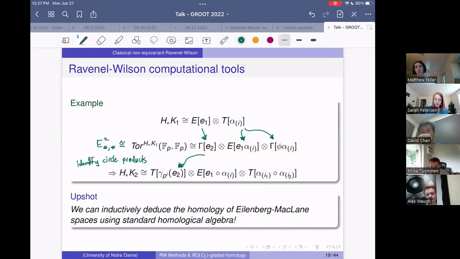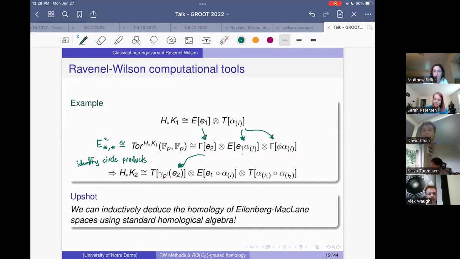So nothing could support differentials. These elements end up coming from CP infinity. So these are a little bit of an exception in that they're the only thing that isn't coming from circle products, but the rest of the inductive argument after this, it's all circle products.